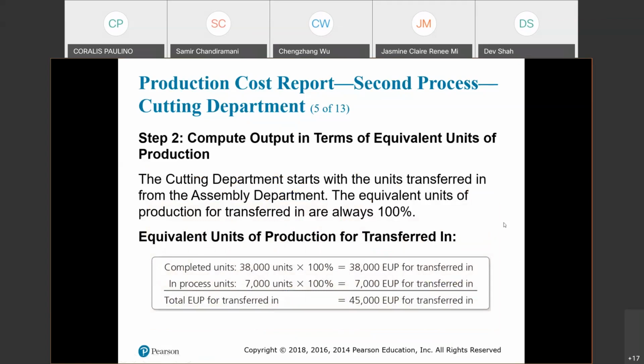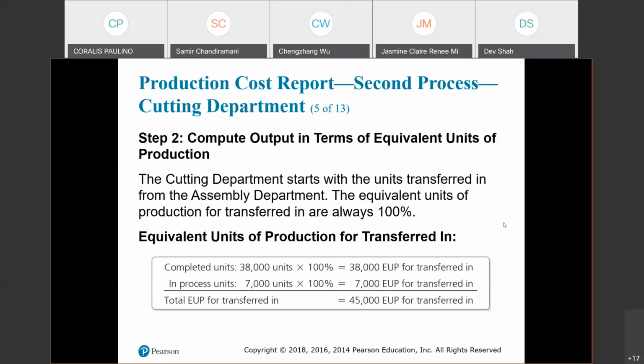Similarly, the second step is to compute output in terms of equivalent units of production. The cutting department would start with the units transferred in from assembly department. The cutting department adds direct materials at the end of the period, and conversion costs are incurred evenly throughout the process.